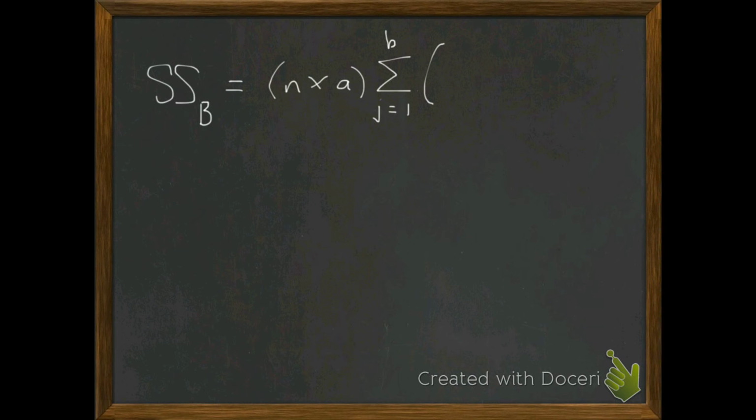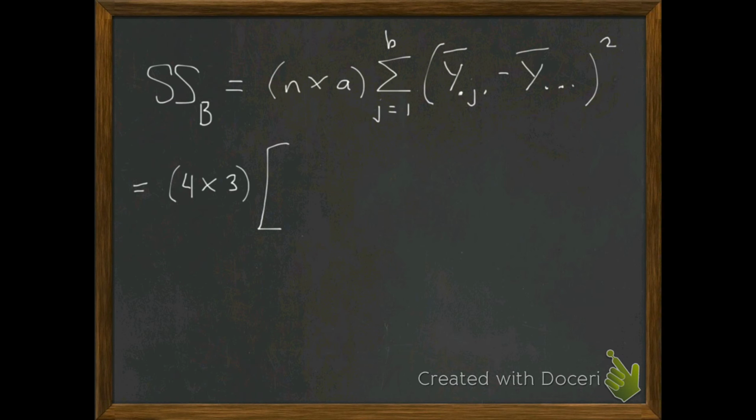This is going to be, so guys, again, a is, n is 4, b is 3.